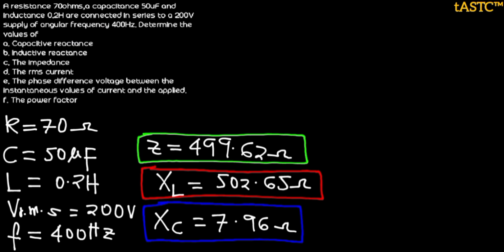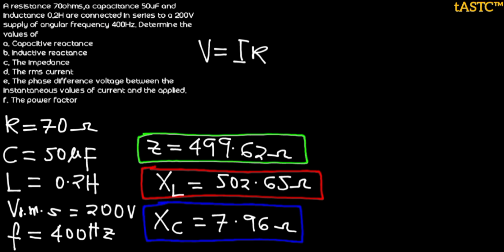Now the next thing is we need to find the RMS current within this circuit. What is going to be the RMS current? We know that V, the voltage, from Ohm's law, is always going to be equal to current multiplied by the resistance. Now we need to find the current.